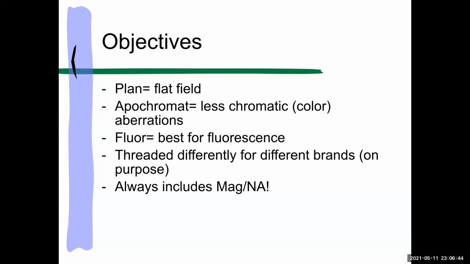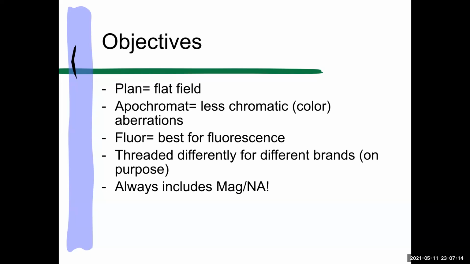They want you to use and buy their objectives. So it's kind of a pain sometimes, and it leads to brand loyalty, very much so. Actually, different labs have different brand loyalty, but Zeiss, Leica, Olympus, and Nikon are the four main manufacturers for these high-end scopes.